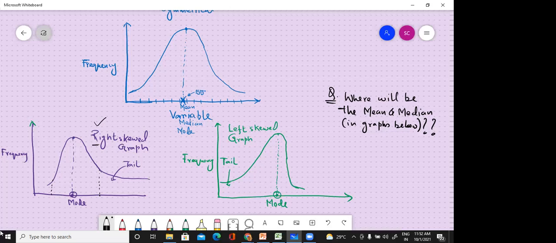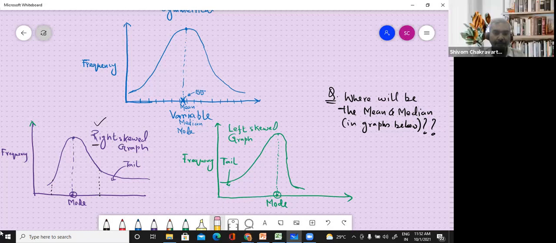I don't know where the mean will come first, and then opposite to that will be the median. Okay, so you can try to reason logically. Of course, from the data, we do not have the data in front of us, so we can only reason logically.